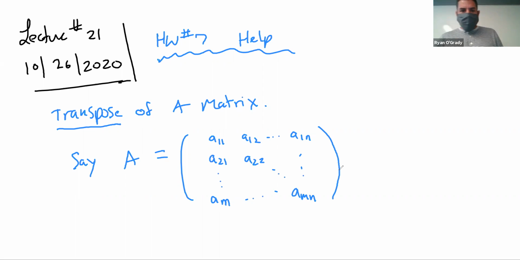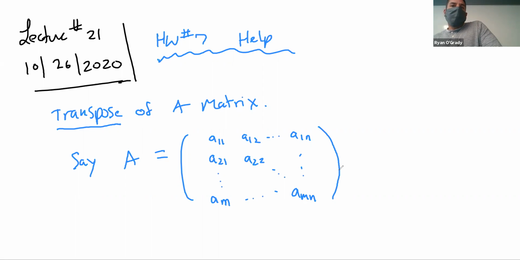Okay, so what's the transpose say? The transpose says, given any matrix, we could sort of draw an imaginary line down the diagonal. And basically, we're just going to flip it. That's what it means. Turns out this is a very useful operation on a matrix.